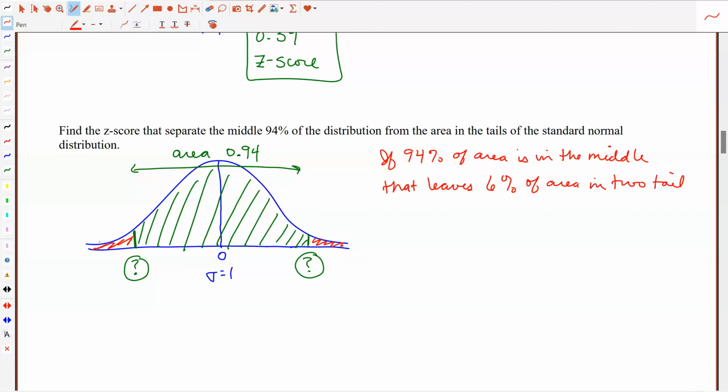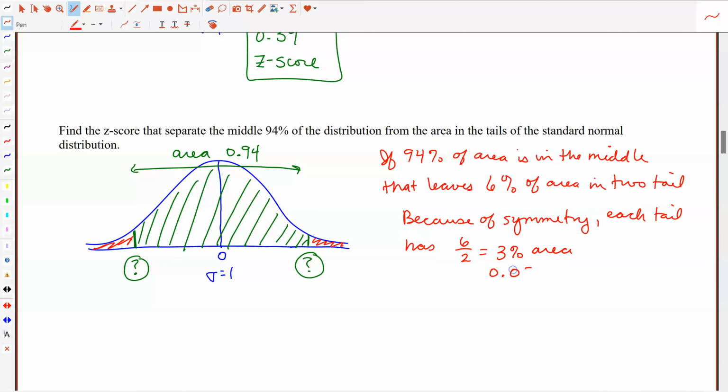Now this curve is symmetric. Because of symmetry, each tail would have half of that remaining area. So each tail has 6 divided by 2, or 3% area.